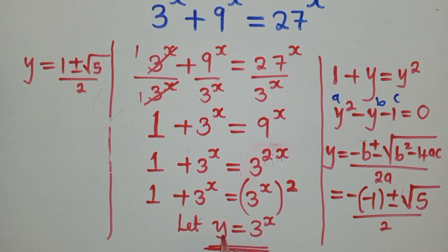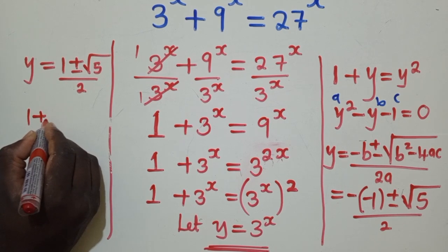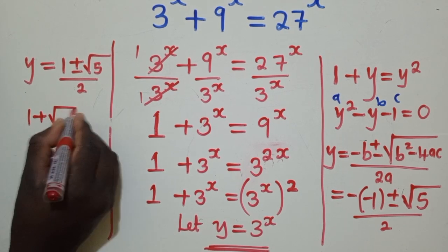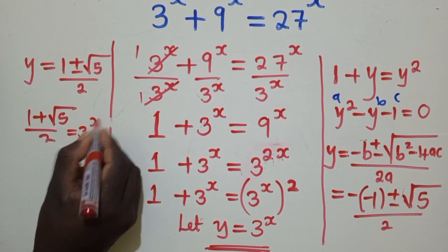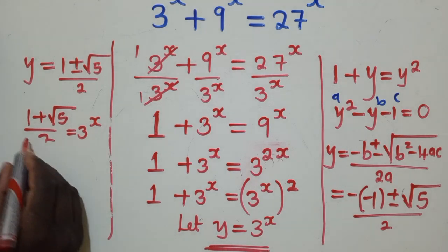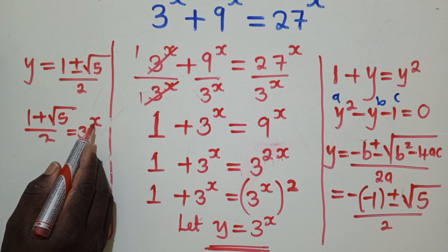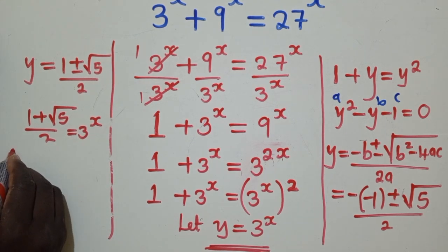Okay? So this y here, we're going to write 1 plus root over 5 over 2 is equal to 3 power x. At this point, you see, I just equate. This is what we're going to do now. So now, looking at the power that we have here, we want to bring it down. So we're going to introduce what we call ln.